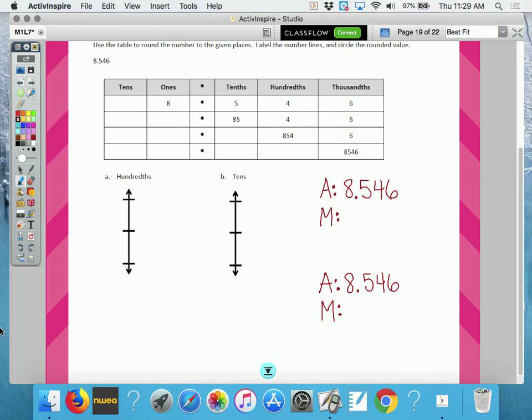Okay, so this says the hundredths place. So go to the hundredths. What do you think I should highlight? 854. And don't forget to write it as a decimal. Where is your decimal?